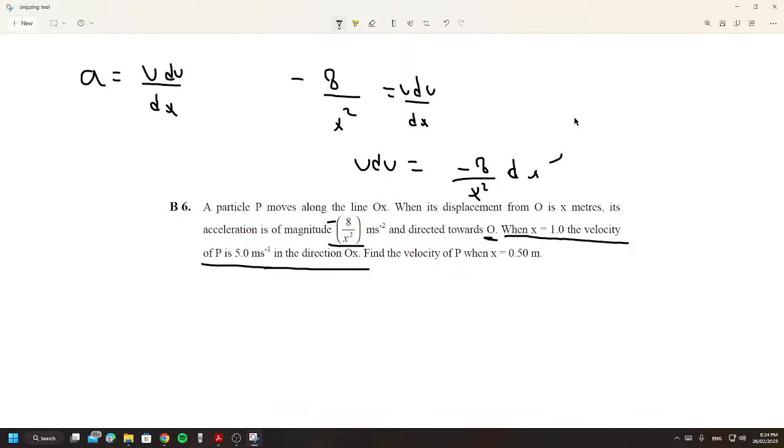Now we integrate, so v squared over 2 is equal to negative 8 times x to the power negative 2 plus 1, so x to the power negative 1, divided by that number. So 8 over x.